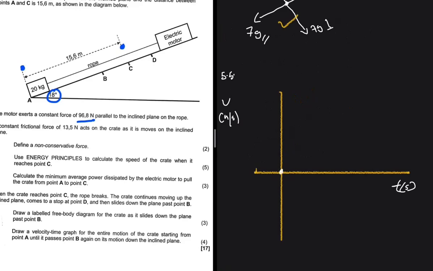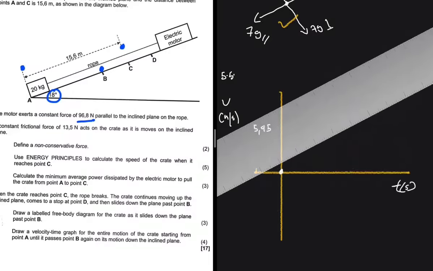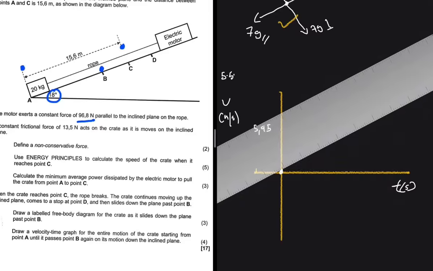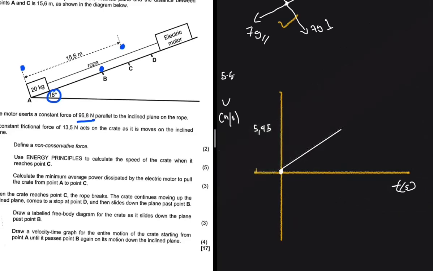And then at point C, we have a velocity of 5.95 meters per second. So let's write 5.95 here, and then let's have our VT graph. There we go, 5.95.